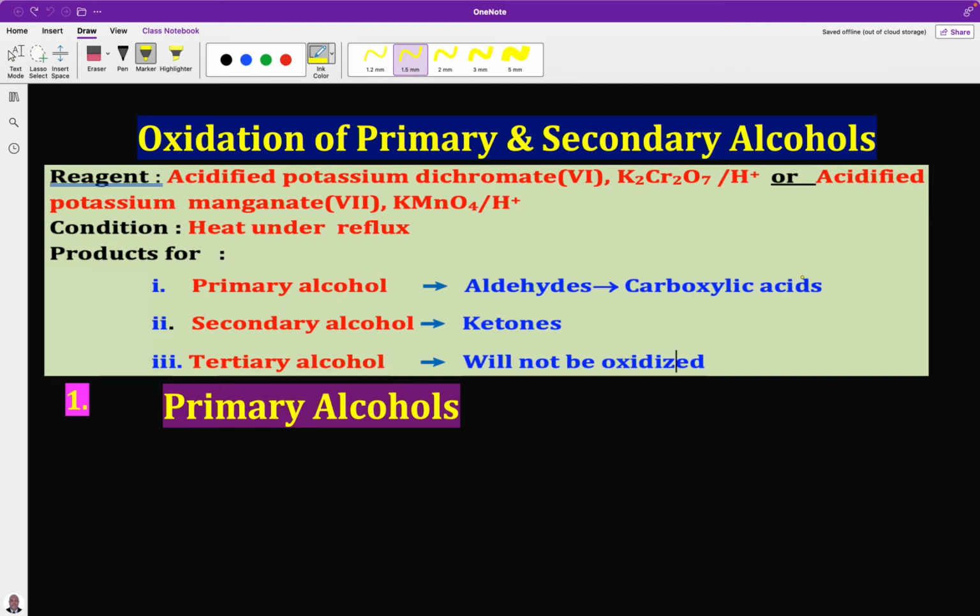We will also take note of the observations of the reactions in the laboratory. And lastly, we will answer a few related exam past questions.